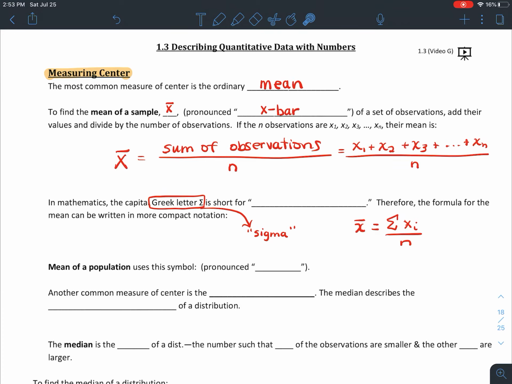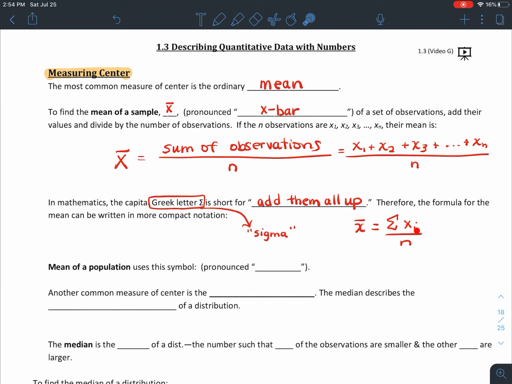And here's just a way of writing the formula. This formula is actually on the formula sheet, and it looks like this. You see this Greek letter, pronounced sigma, and it means to sum or add all of them up.